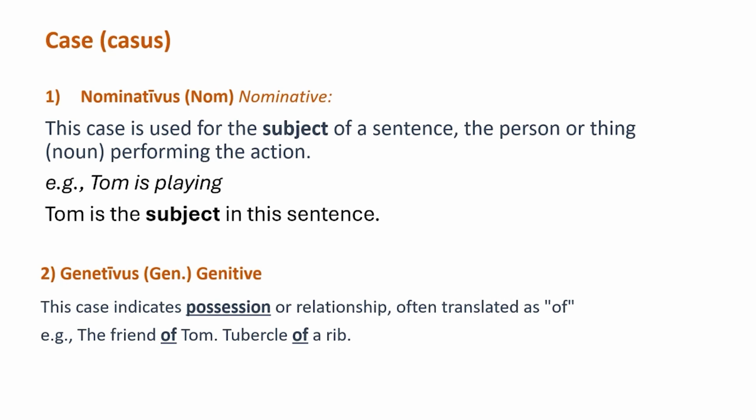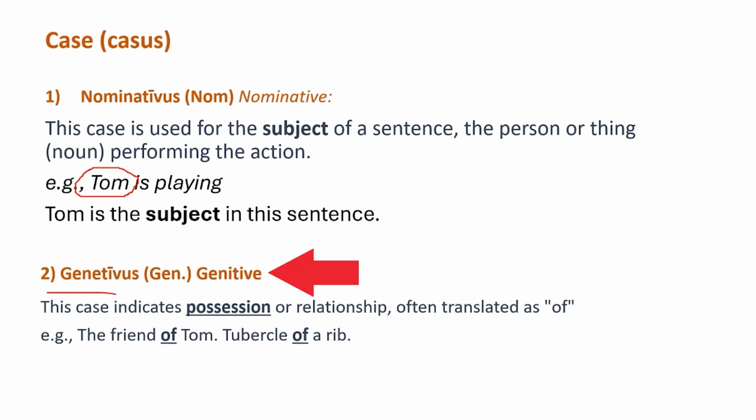If you see this sentence, Tom is playing, what do you think is the subject here? The subject is Tom, because Tom is playing. Whatever the subject is, that is the nominativus case. You consider that as a nominative case. So Tom is the nominativus.